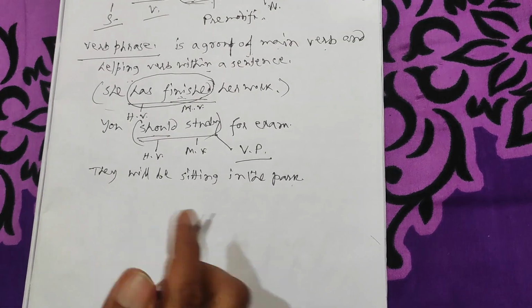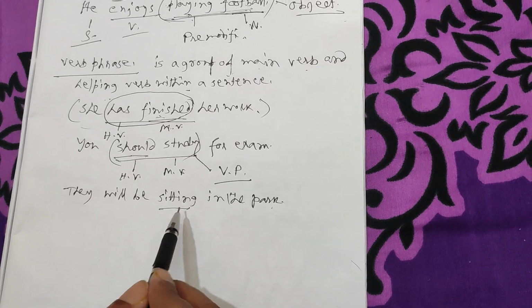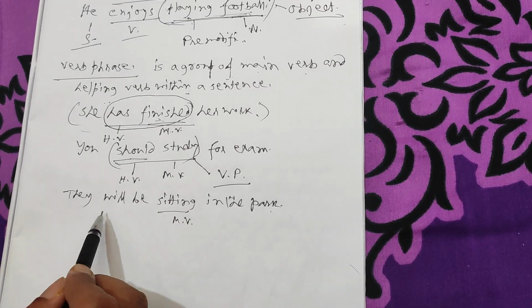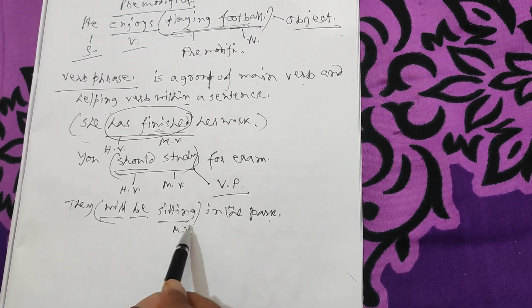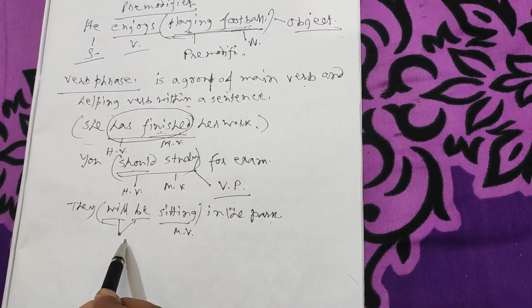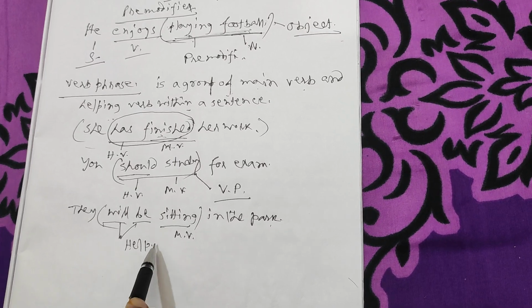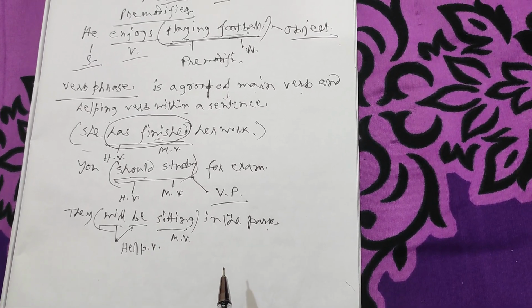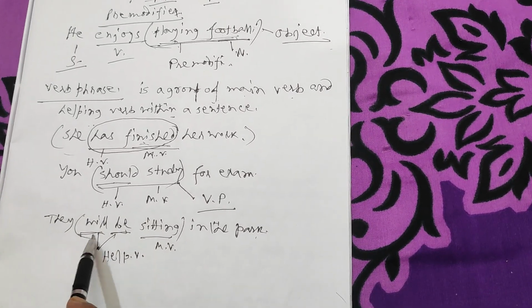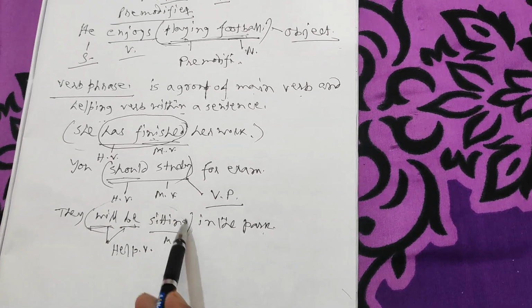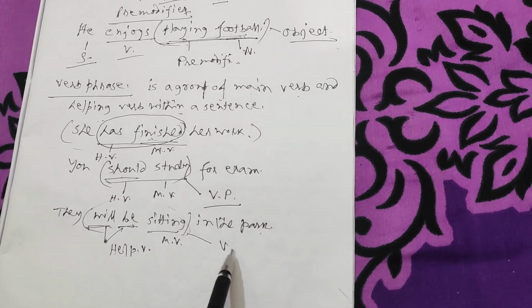What happens here? Sitting is the main verb. Will and be are the two helping verbs, the modal auxiliary and the be verb, and the entire group of words is called a verb phrase in the sentence.